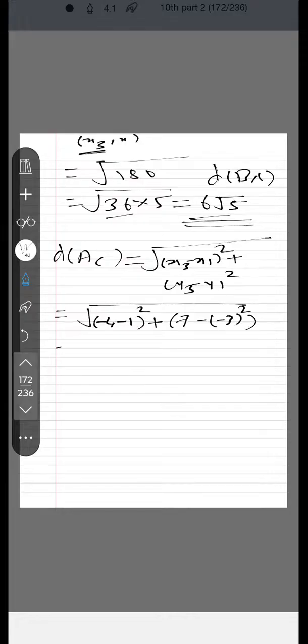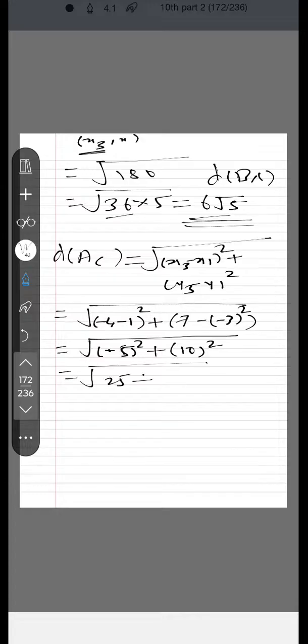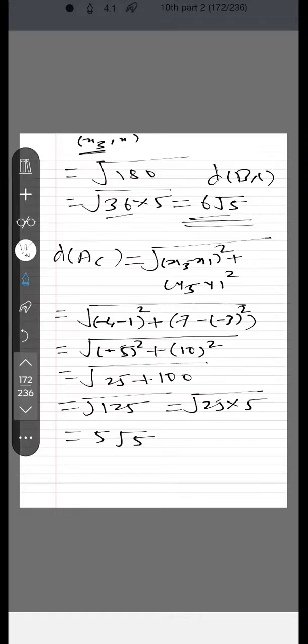Okay, so which is equal to the square root of minus 4 minus 5 square plus 10 square, which is equal to the square root of, this is 25, this is 100. Now you can observe this is 125, and it has 25 fives, which are 125, so I can express that same term as 5 square root of 5.